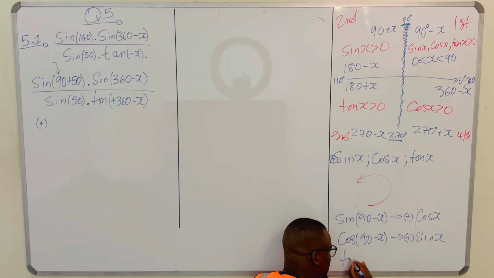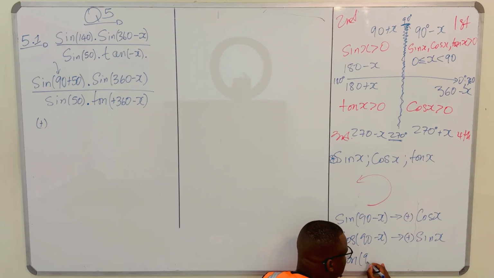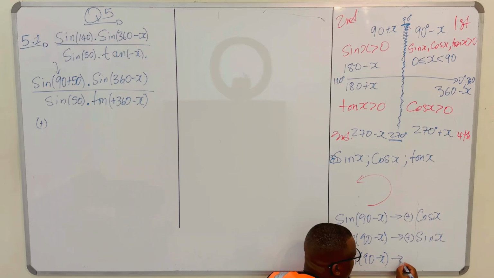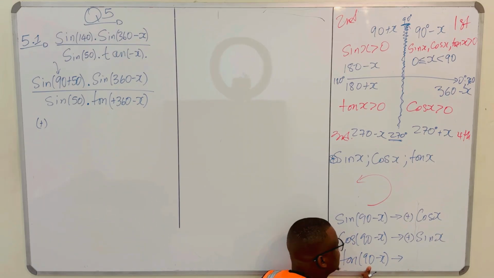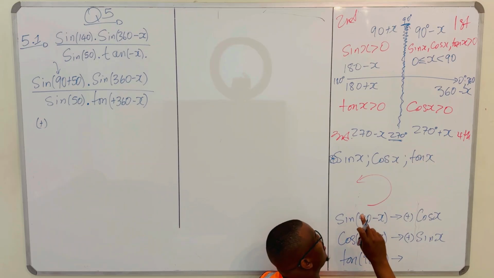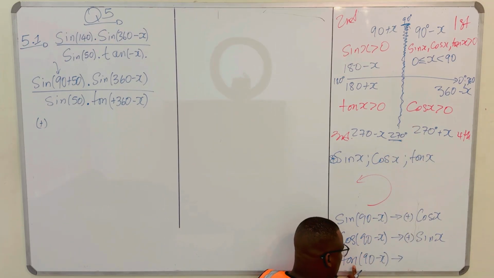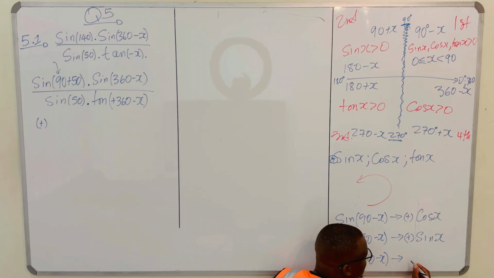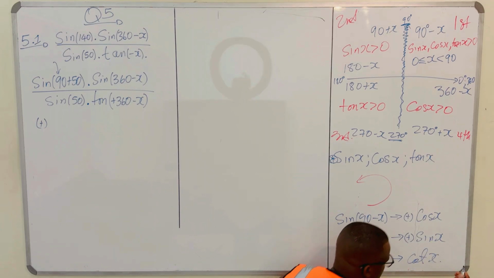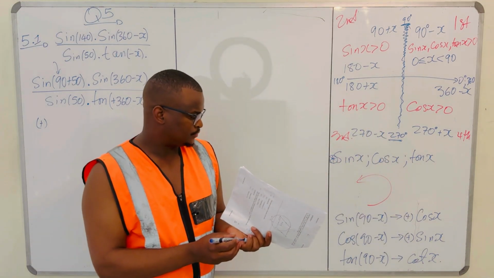Same thing, you can go to tangent of 90 minus x. Where is 90 minus x? It's on the first quadrant. What sign is the tangent on the first quadrant? It's positive. So this will change to its cofunction identity to become what? Cot x. This is what you will have.